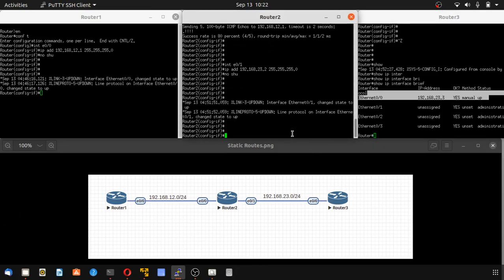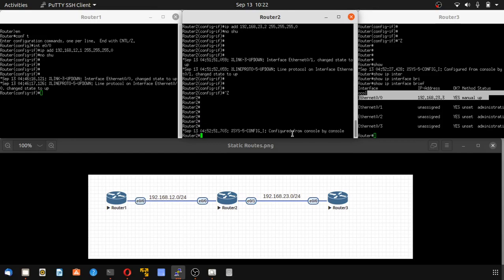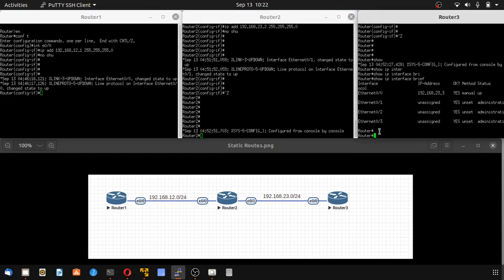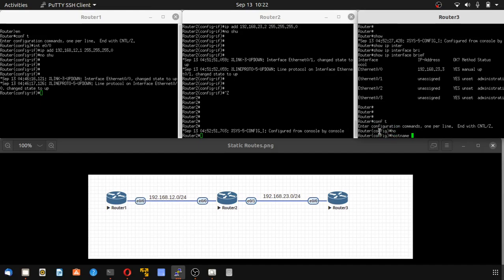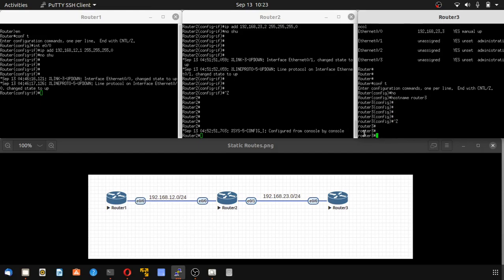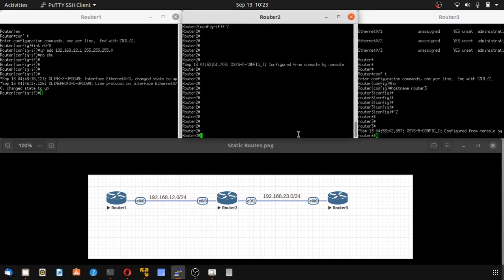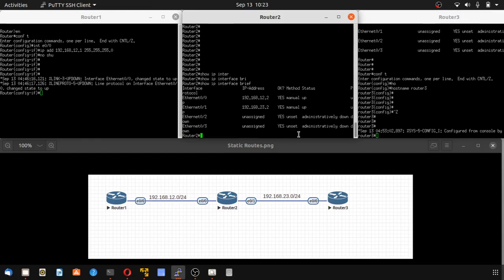Now the same way we can verify in R2. Sorry, I should configure the host name here as well. Host name router 3. In router 2 we can see show ip interface brief, and you will see that I have 2 interfaces here, Eth0 and Eth1, both up.